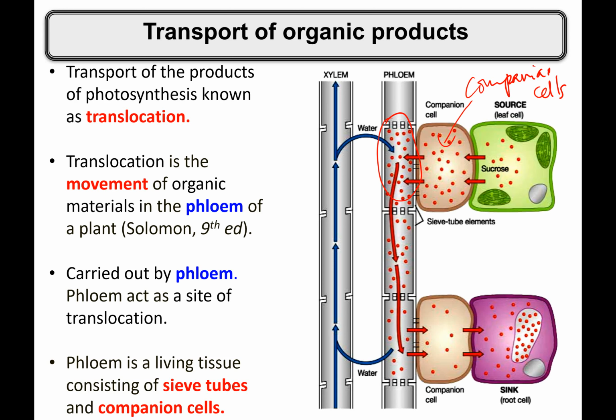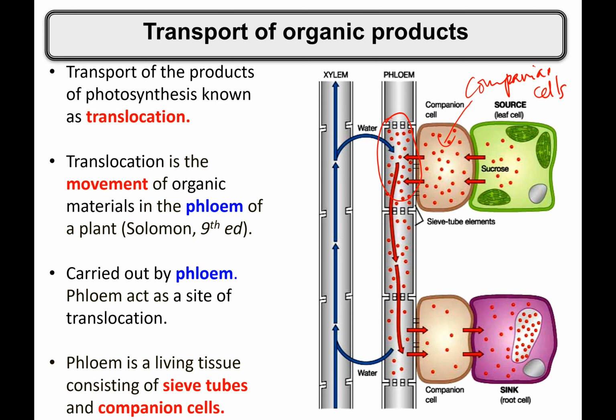Phloem is also a living tissue consisting of sieve tubes and companion cells. According to the figure, this label is companion cells, near the structure of the sieve tube.